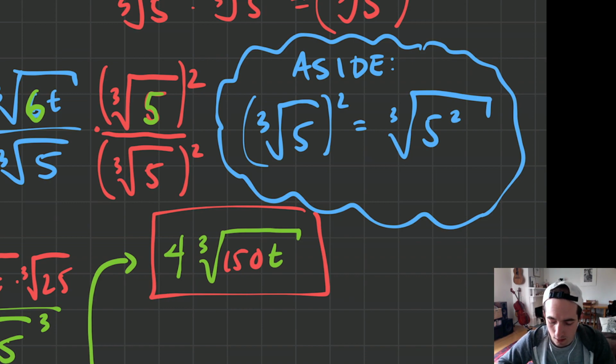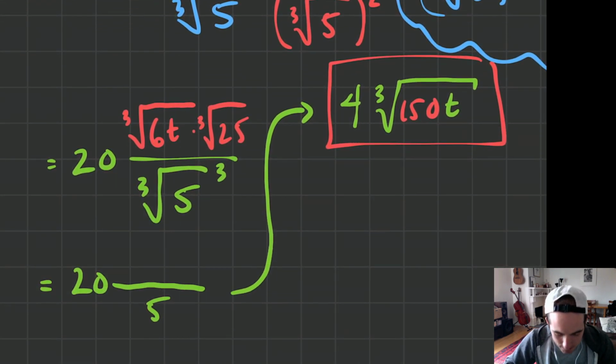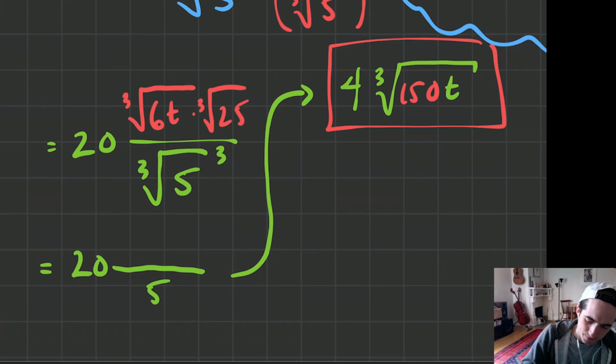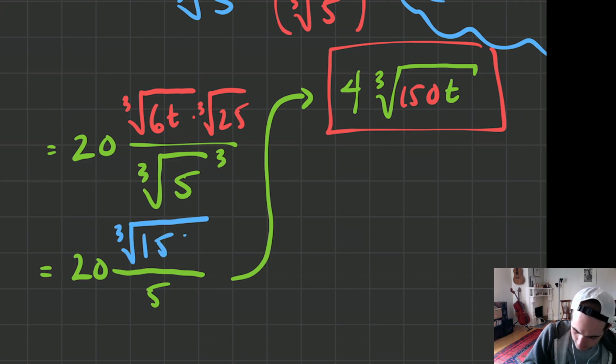Those two things are equal, okay? So this means that I've got 6t times 25, and that is, well, 6 times 25 is 150. So this is going to be the cube root of 150t.